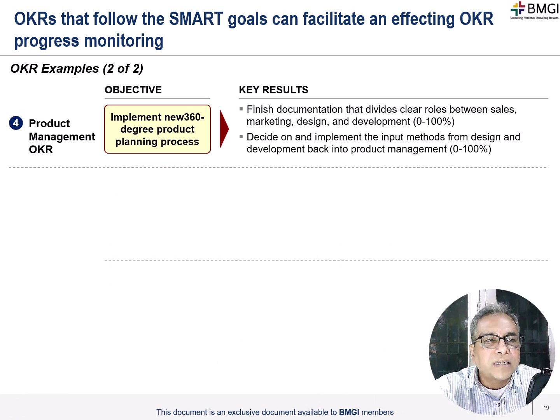Let's look at some more examples. A product management OKR. If you're looking for a new product, so implement a new 360-degree product planning process, right? A new 360-degree product planning process. How am I going to measure it? Finish documentation of clear roles between sales, marketing, design, and development. So all the documentation is one measurable. Now, if you see, everything is quantified, right?